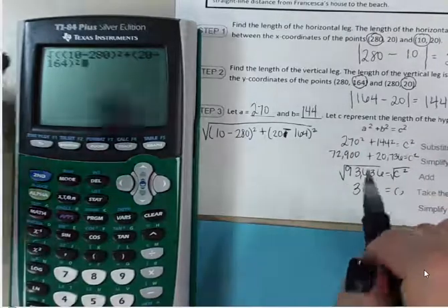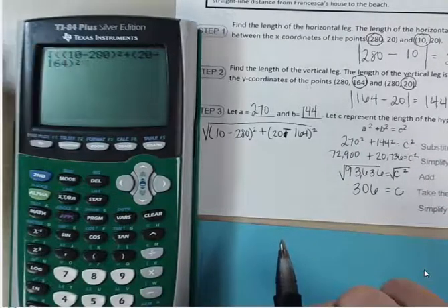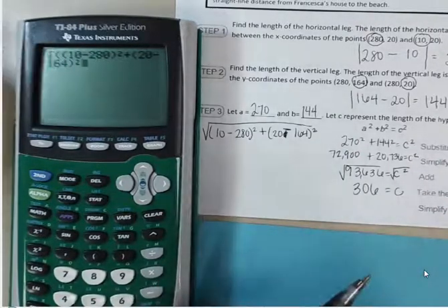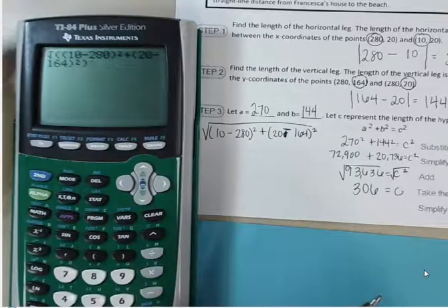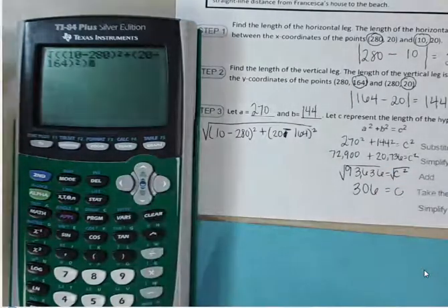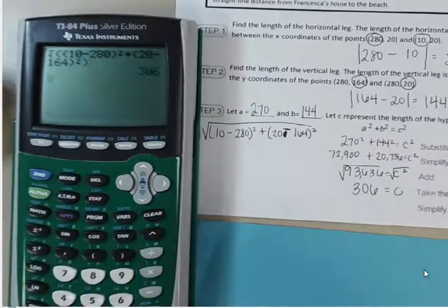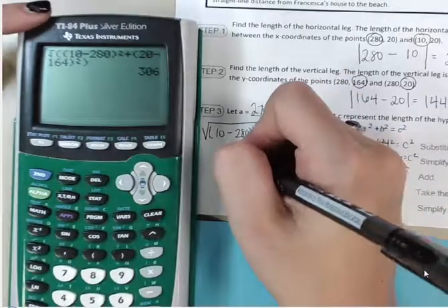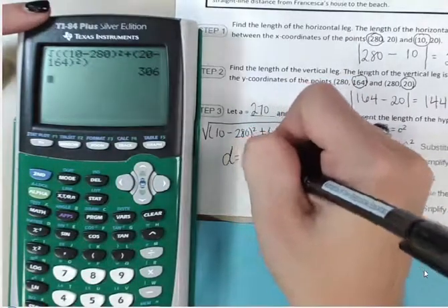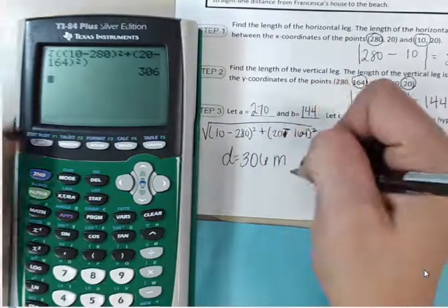Do you see how it started with the parenthesis? That's saying that it's going to take the square root of everything unless I close it. So now I have everything closed together and I want the square root of that. And your square root is still 306.